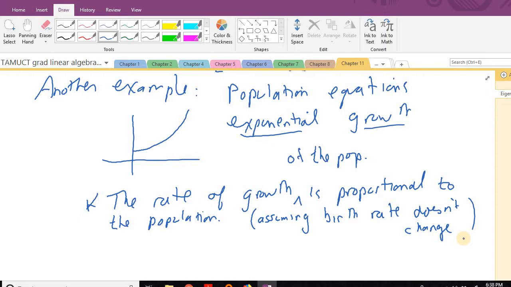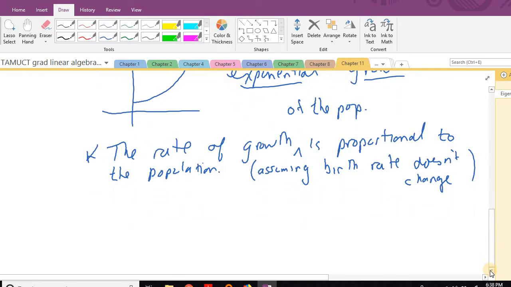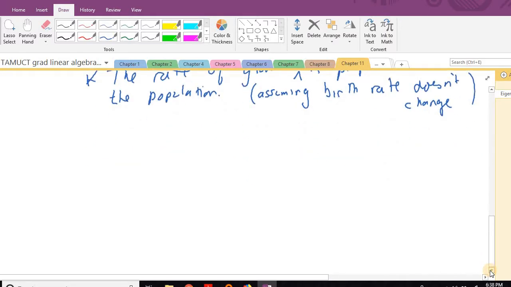Rise over run. That's high school math. Change in y over change in x. That's close. So the rate of growth is equal to slope.